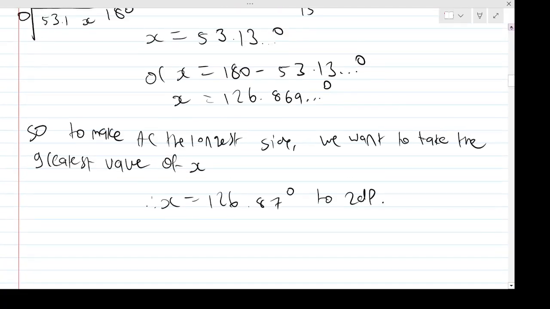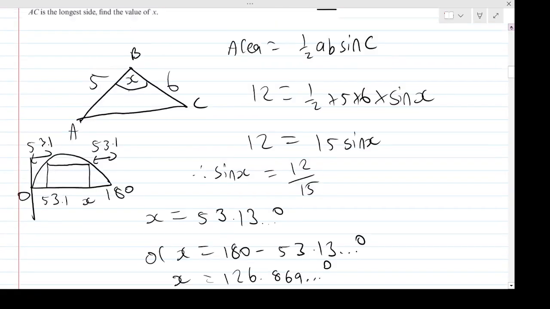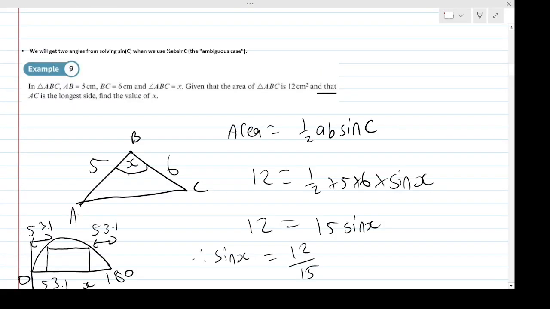So yeah, do not forget your ambiguous case, meaning you can get two different solutions from solving for an angle, because we've got this sine C, right? So I said up here in this little sentence here, because we have sine of an angle, if we're going backwards, because we're given the area in this case, and we're going backwards and using the formula to instead find the angle, you need to be careful when solving for the angle.